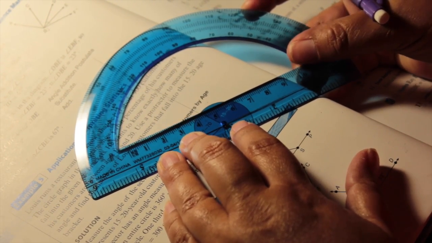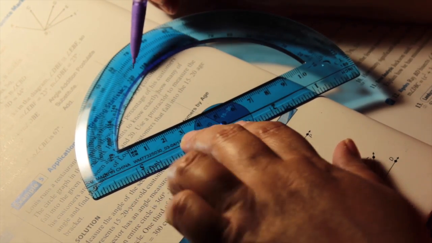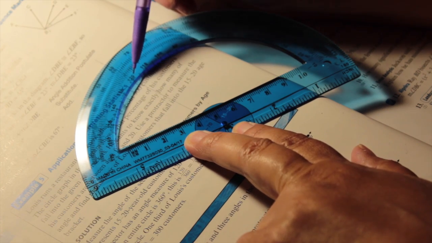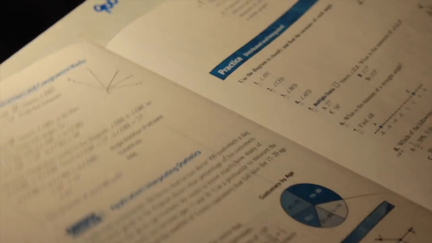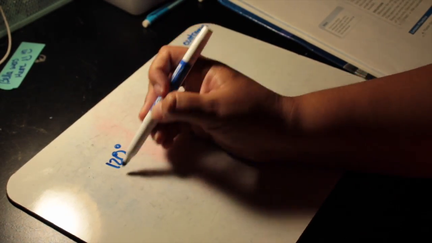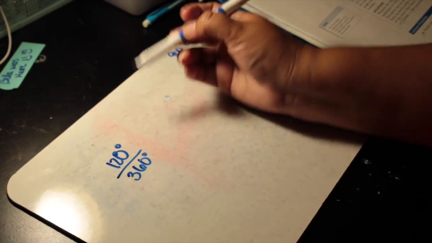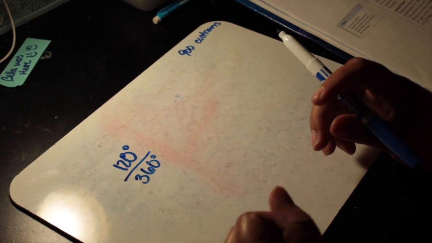It says that because it is over 90 degrees, it's at 120. So the angle measures 120 degrees, out of a full circle, which is 360 degrees.